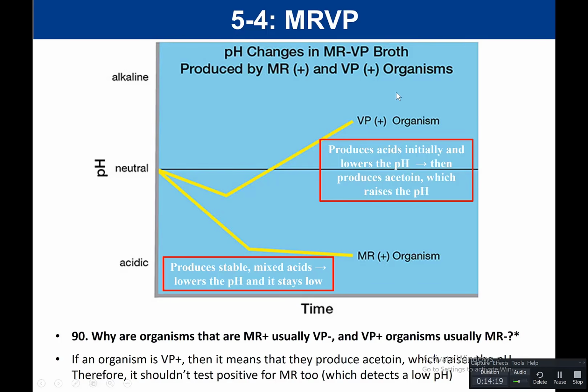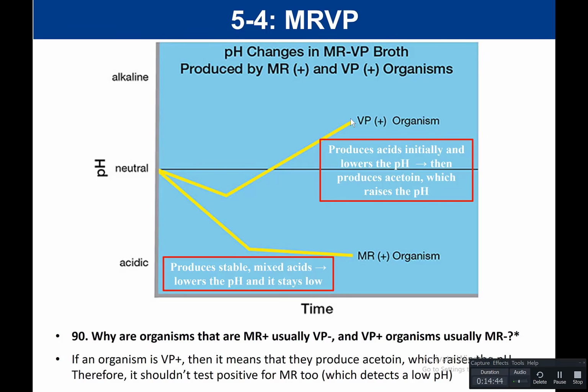VP positive organisms will produce acids initially, which lowers the pH, but then will convert to acetoin, which will then raise the pH, and then the VP reagents can detect the presence of the acetoin. And so you want to understand question number 90 that was in the question set.